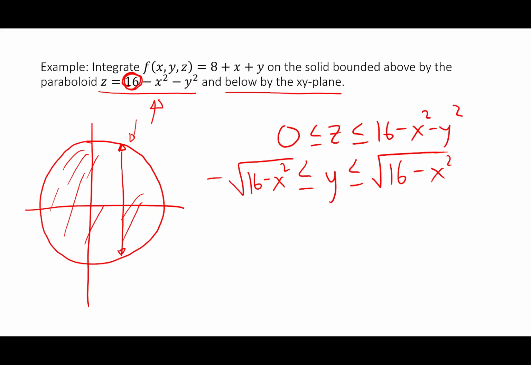Okay, so that takes care of y here. It's going from this point to this point. And then as y is going from that, what's x going from? x is going from here to here. And remember, this is a circle of radius 4, right? So x is going from negative 4 to 4. Okay, so there's our parameterization for this paraboloid cut solid.